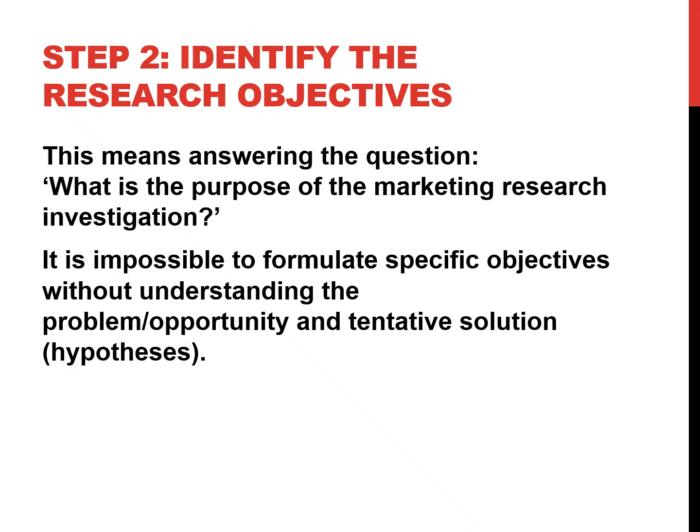A tentative solution could be that they are unhappy about the brand image. They're unhappy about what people have said about us. Perhaps we need to understand that, and that could be a hypothesis which we include in our research problem, or in terms of trying to solve our research problem.